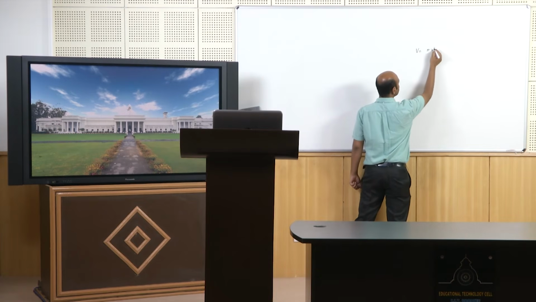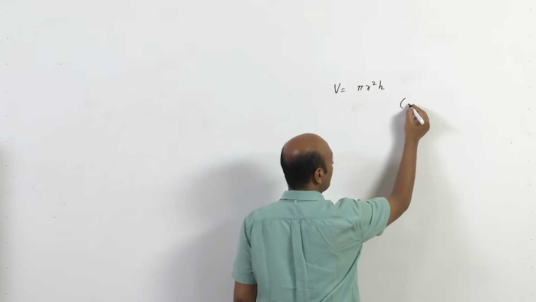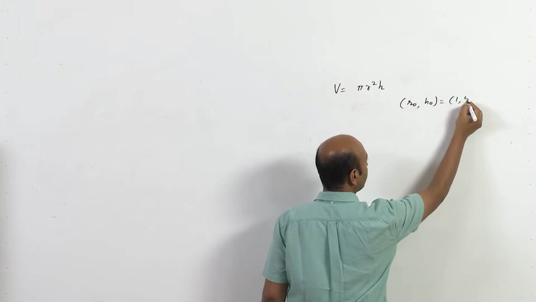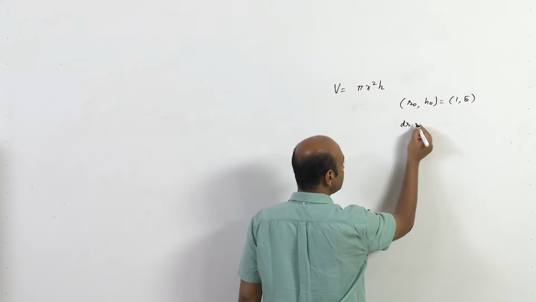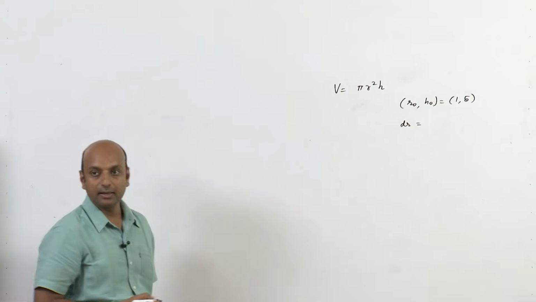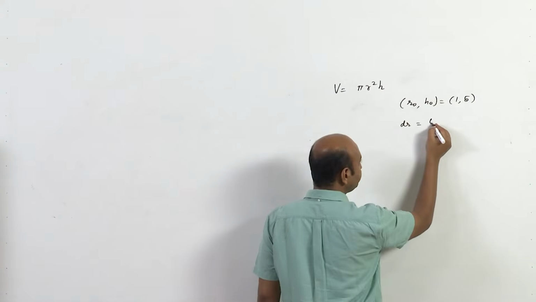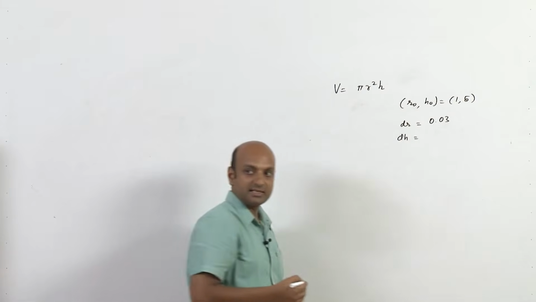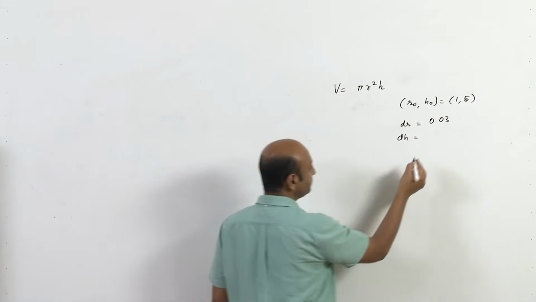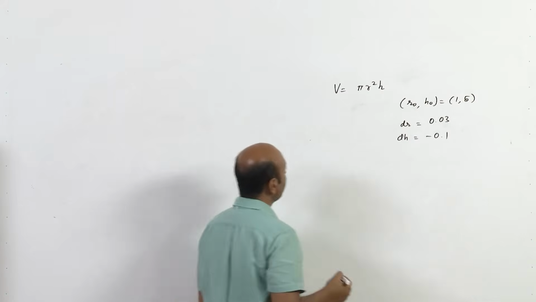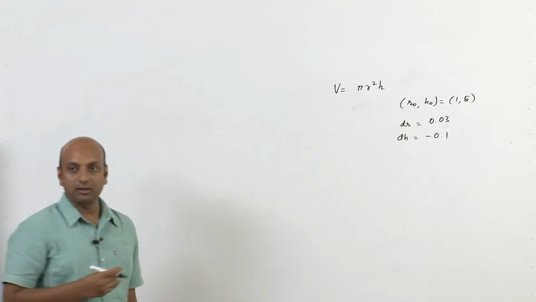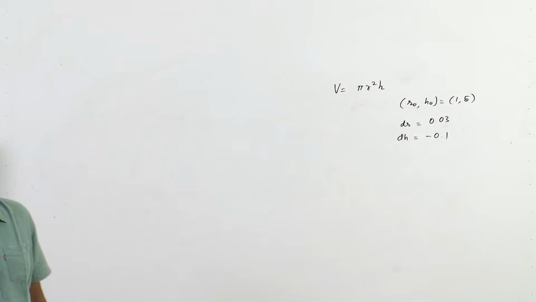The initial point (r naught, h naught) is (1, 5), dr is 0.03 and dh is minus 0.1. Now, we have to find the relative and absolute change in the value of V.